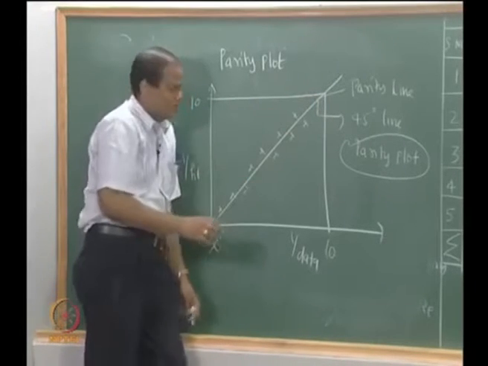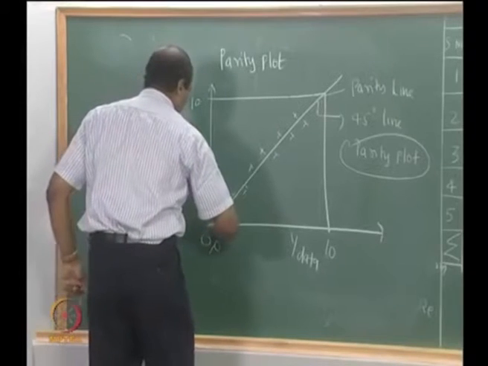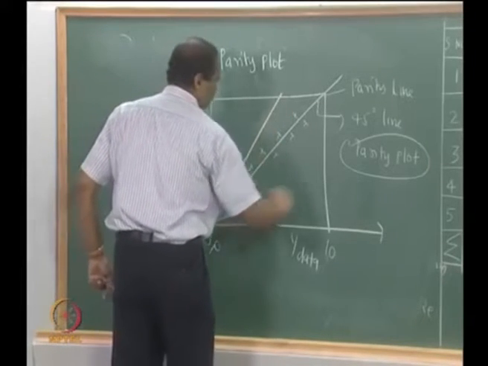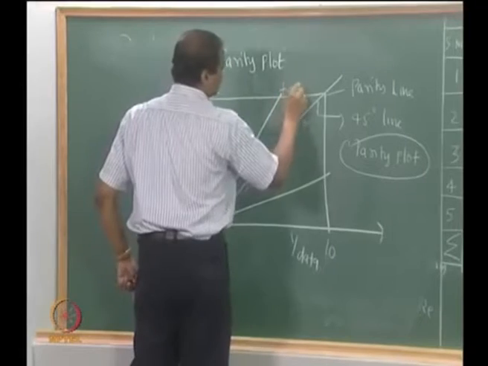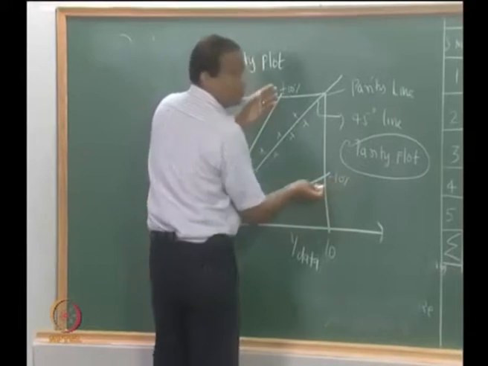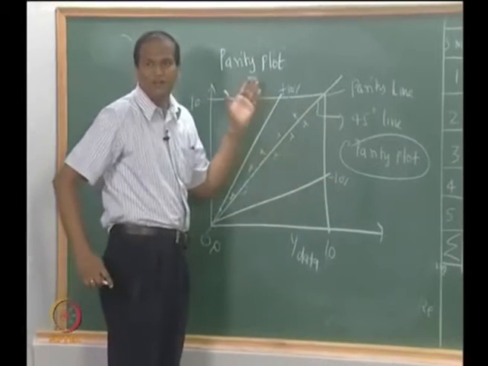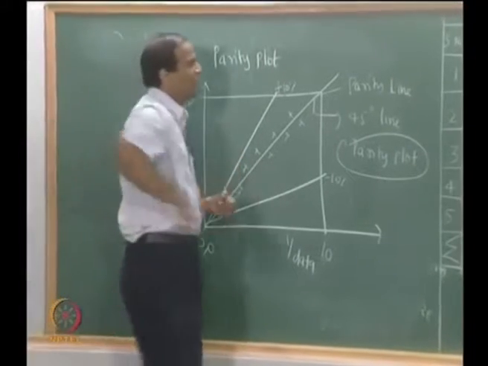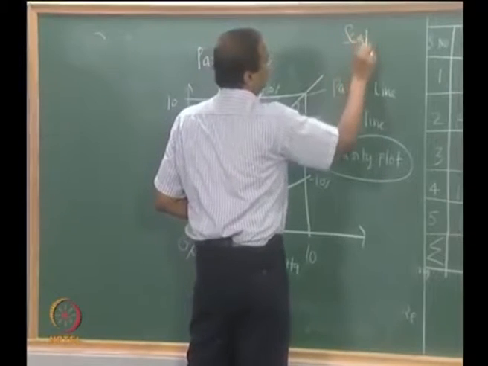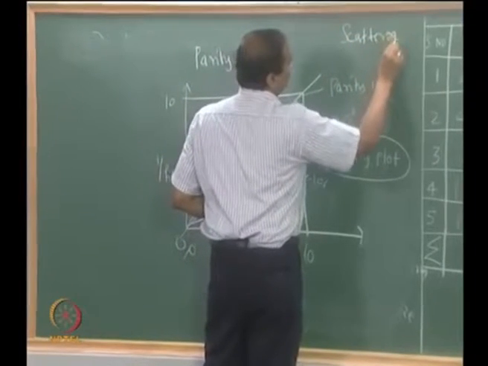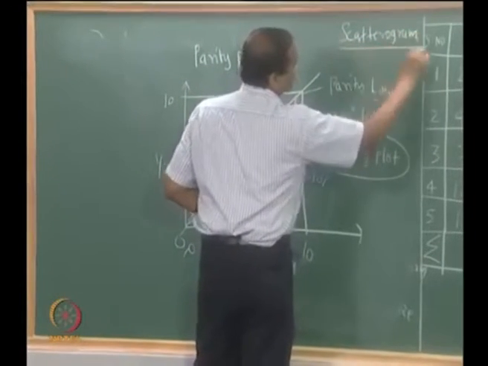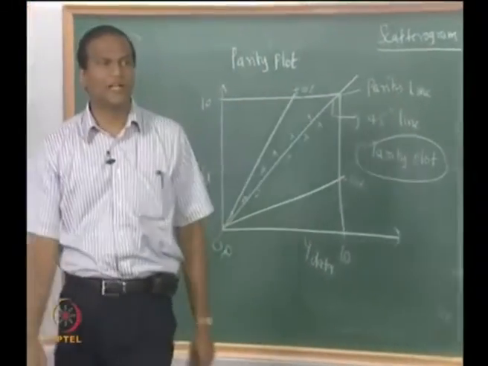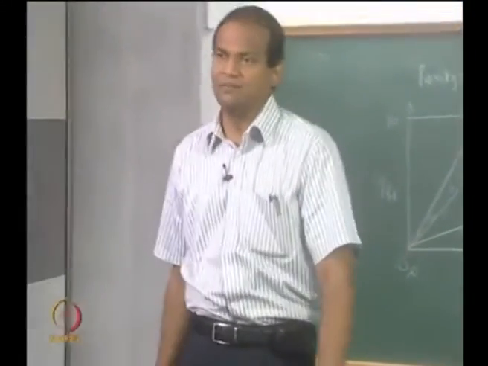That is very important. So you can draw a 10% plot like this, you say this is plus 10%, minus 10%, whatever, but you can draw what are called bands. This is another way of presenting the results. So this is called a scatter plot, or it is also called a scatterogram.